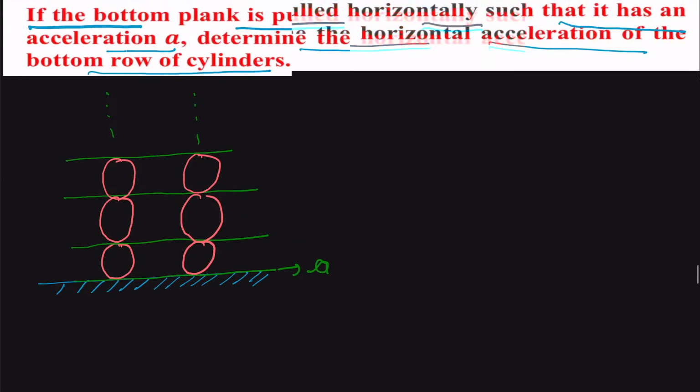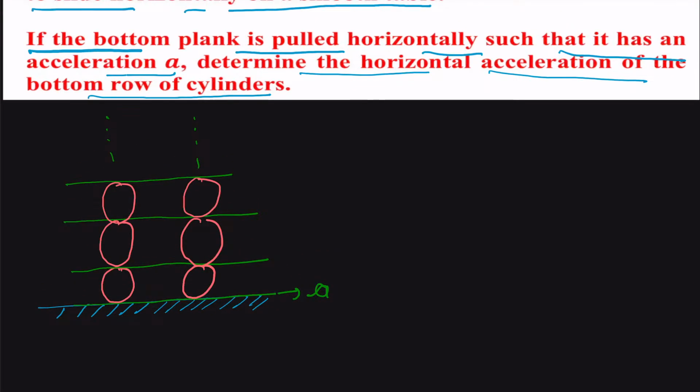And we are given that the bottommost plank is having an acceleration of a, and we have to find out what will be the horizontal acceleration of the lowest row of cylinders. All these cylinders are identical with each other.